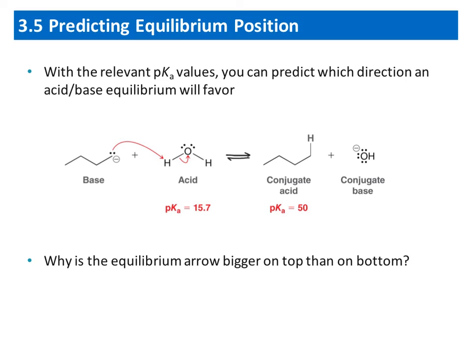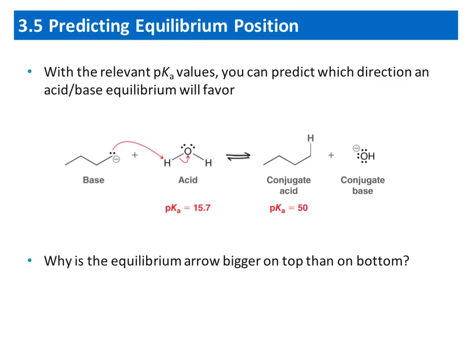What we need to do is to use the pKa values and determine which one is the weaker acid. The pKa value for water is 15.7 and the pKa value for an alkane is 50. Now if you compare these two pKa, which one is higher? Obviously the alkane pKa is higher, meaning that alkane is the weaker acid.